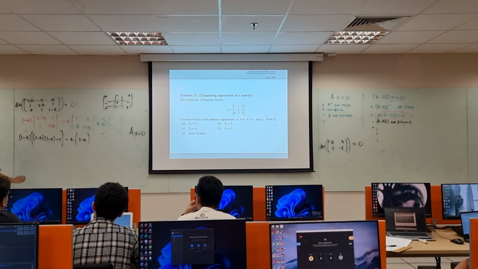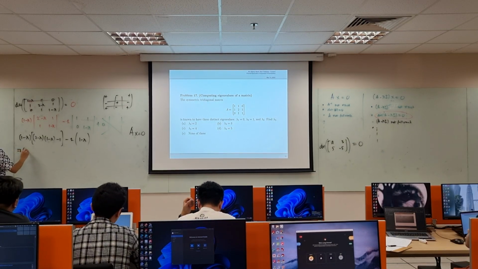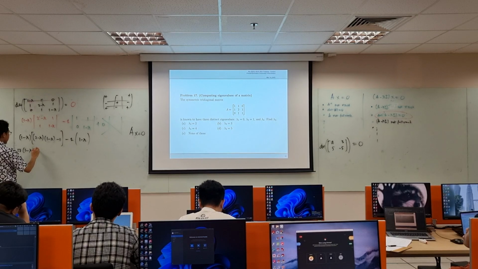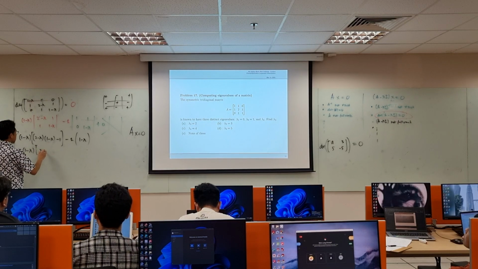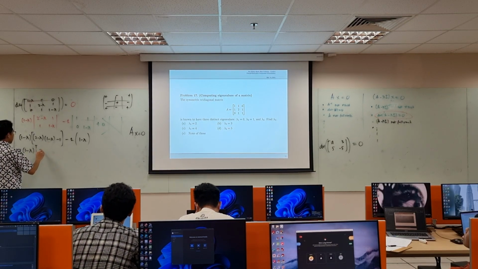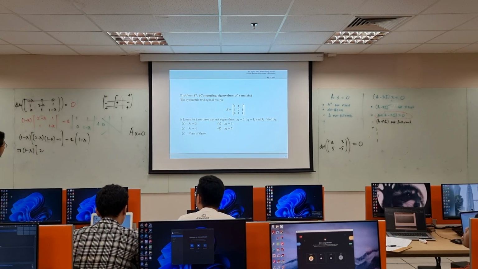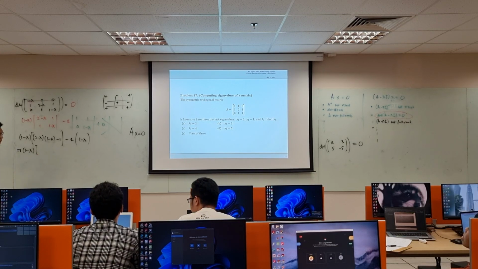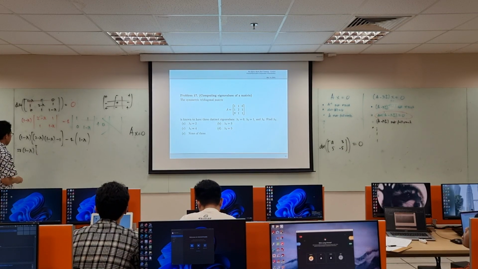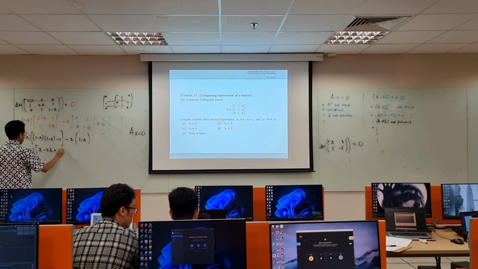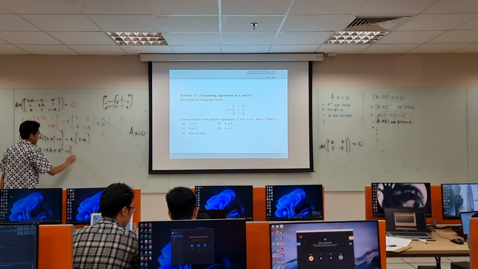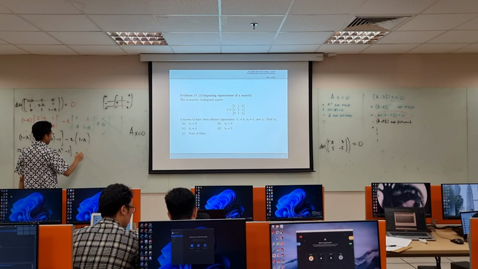So we have 1 minus lambda, just 2, minus 3 lambda, minus 3. 2 and then minus 3 lambda plus lambda square minus 1 minus 1 plus lambda.